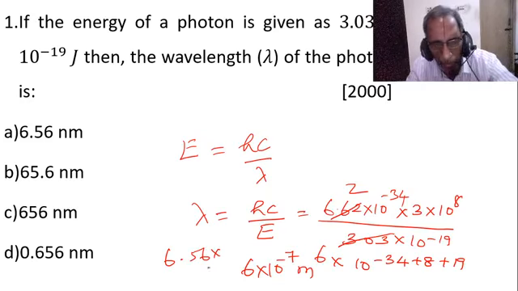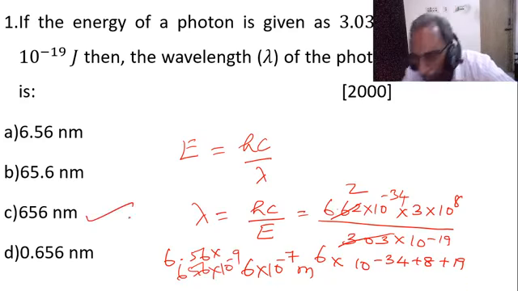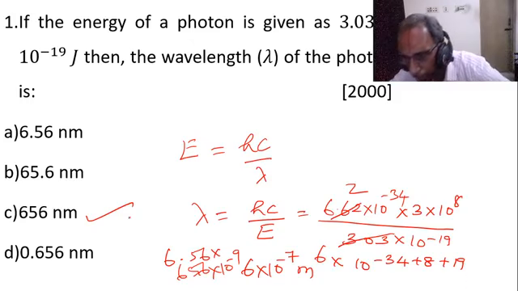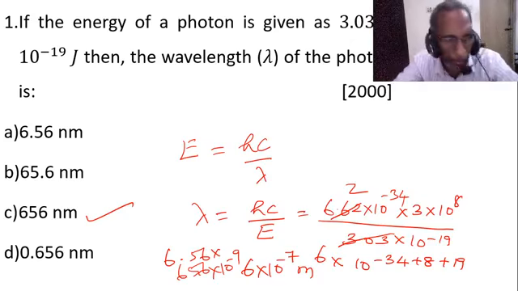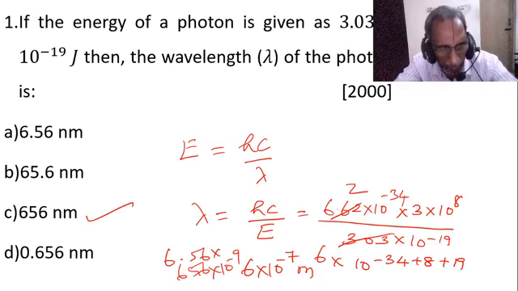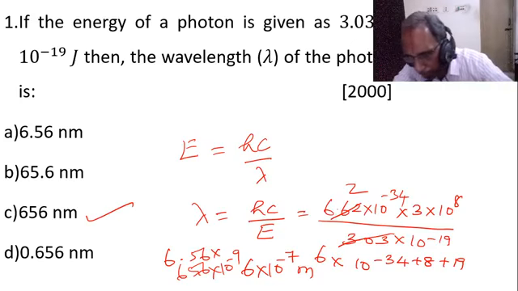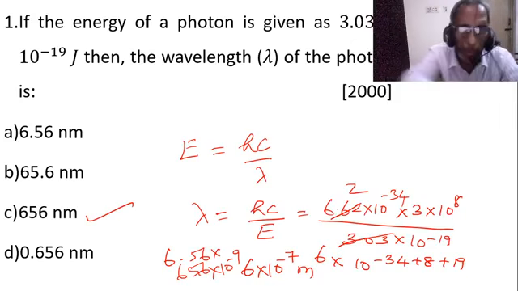If multiplied by 100, 656 into 10 power minus 9, or 656 nanometer. Ganesh and Sivaperuman, correct. So you have to be careful. Ganesh and Sivaperuman, you were a little fed up with the decimal. So you have to be careful. That is to be noted.